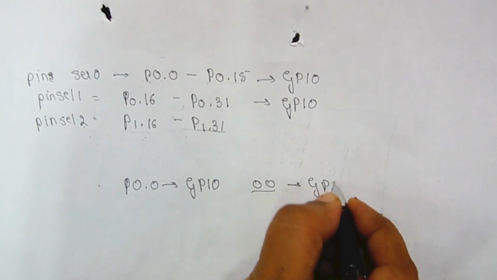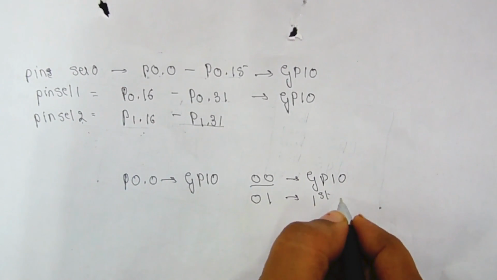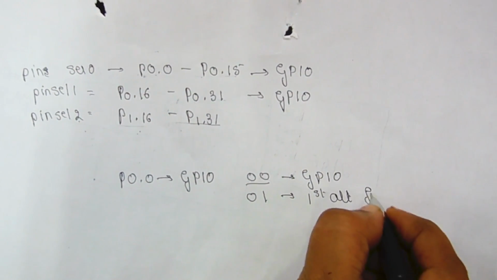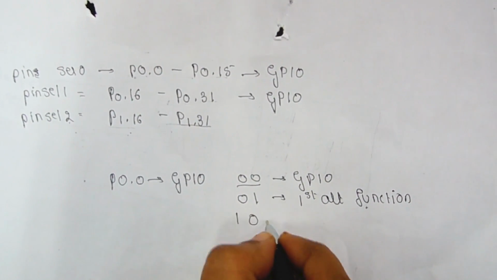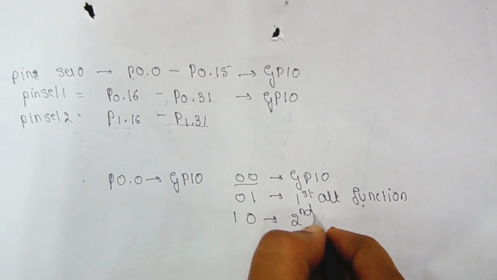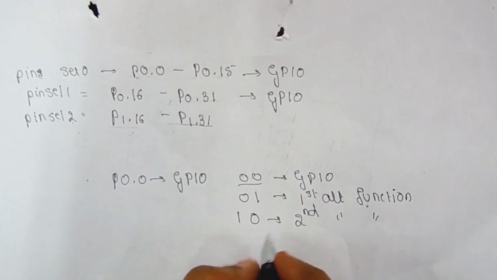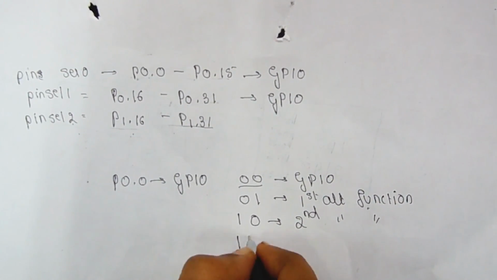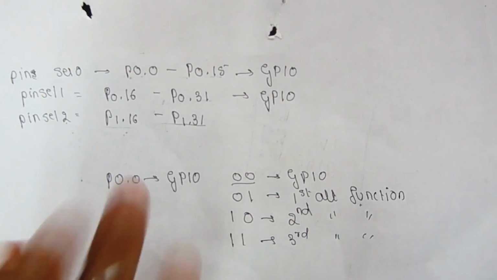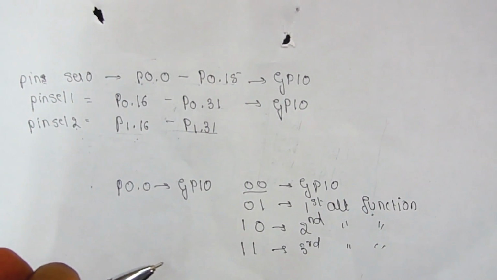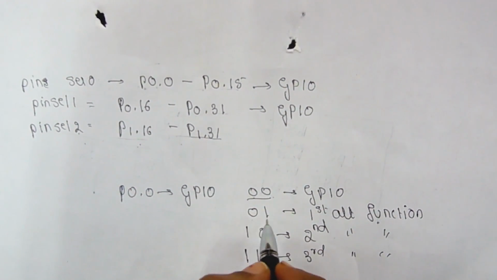To act as GPIO pin, 0, 0. 0, 1 represents first alternate function, which is PWM function. 1, 0 indicates second alternate function, wherein the same pin is used to perform analog to digital conversion. Then 1, 1 is the third alternate function. So each pin can perform 4 different functions. For 4 different functions, we require 2-bit code.